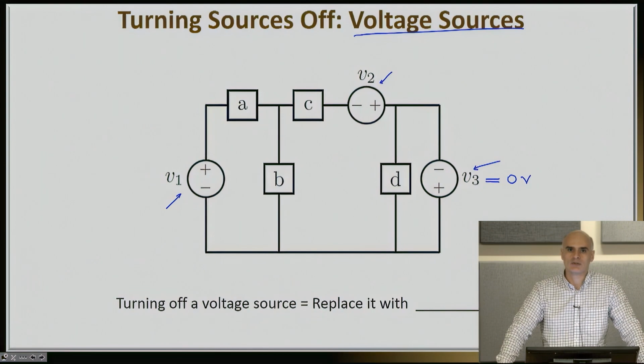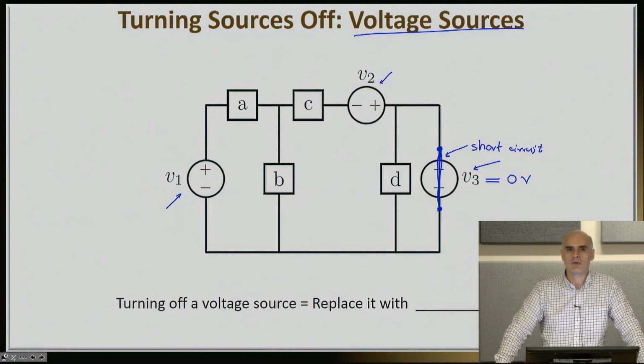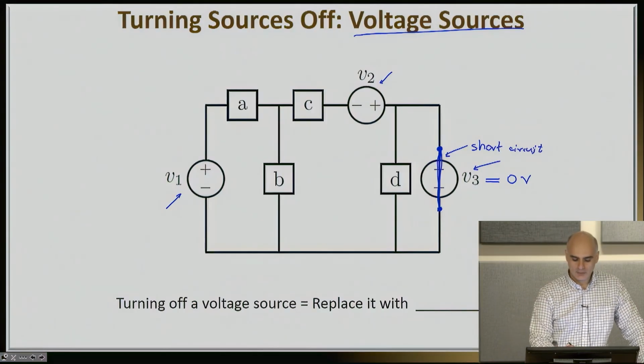The easiest way to do this is to replace this voltage source with a short circuit, literally a wire that connects its terminals. This wire is called a short circuit. Similarly, if I wanted to turn off V2, I would have to introduce a short circuit across its terminals.